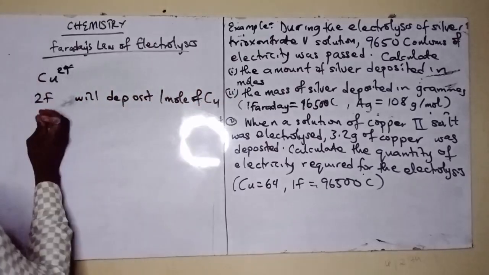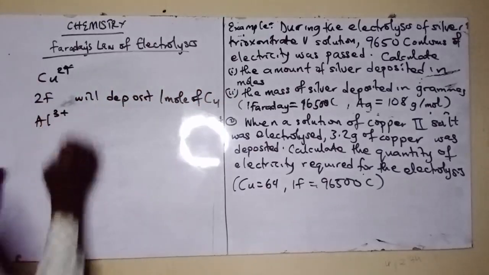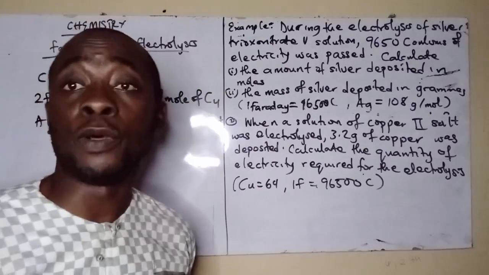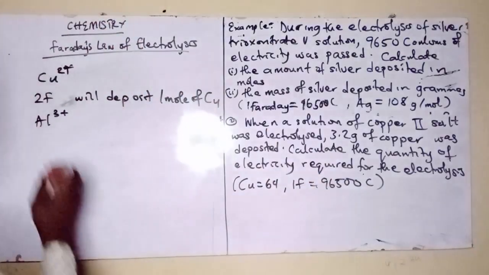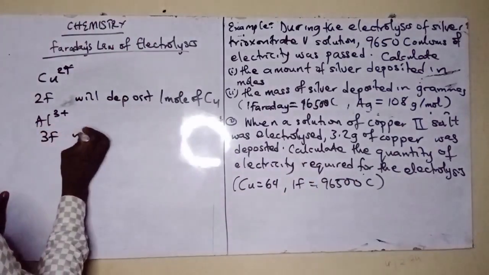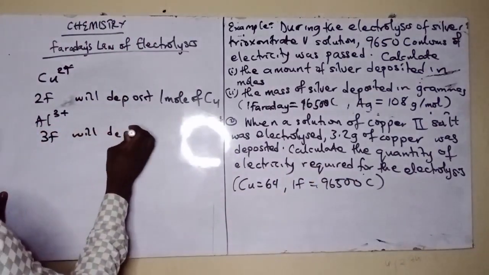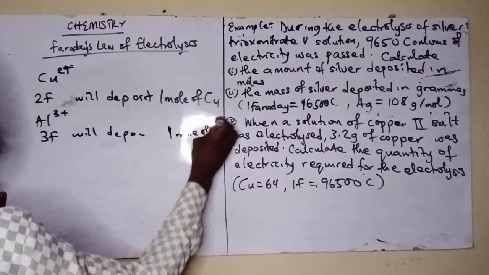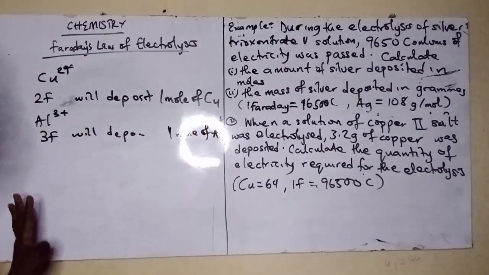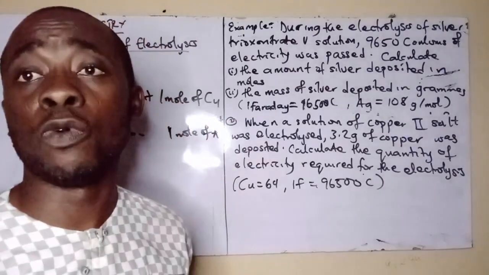If it is aluminium, the charge on it is 3+. So you can say that 3 Faraday will deposit 1 mole of aluminium.